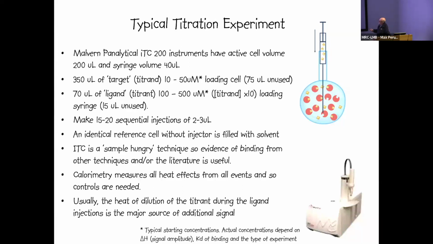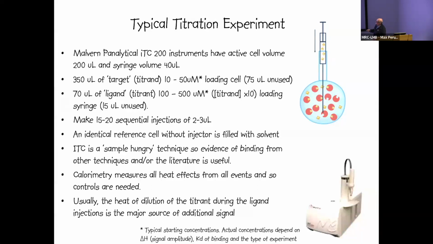And that should be at an initial concentration, anyway, between 10 and 50 micromolar of protein, or whatever we're using. When we load the instrument, we get about 75 microliters back.